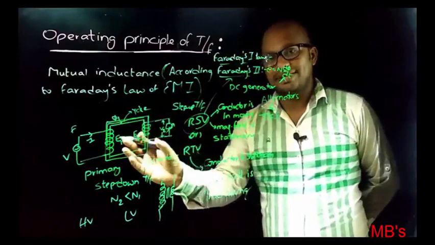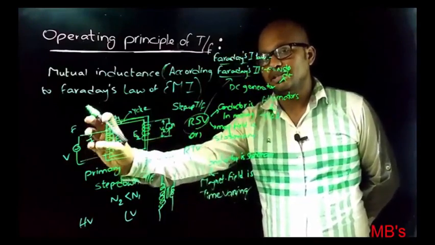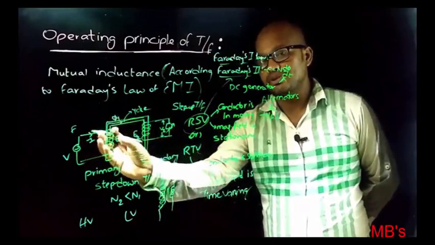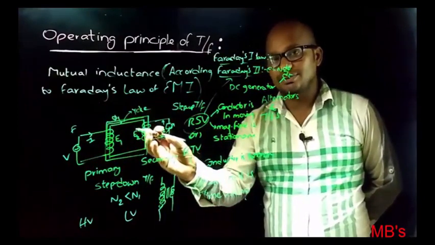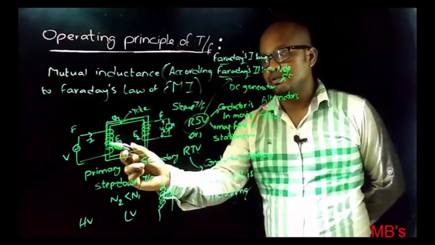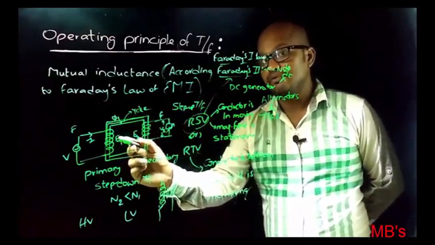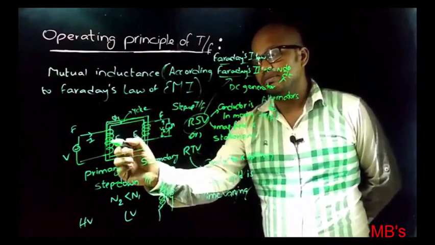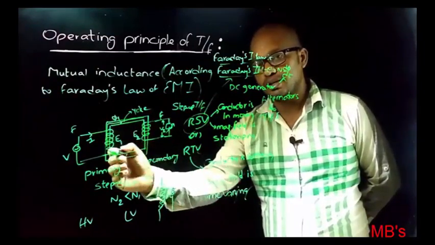Now, because of the transformer, this AC electrical energy input is transformed from this circuit to this circuit without change in frequency. The EMF induced in the primary winding is self-induced EMF because it is due to its own current.